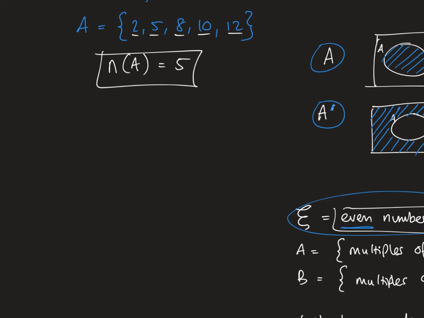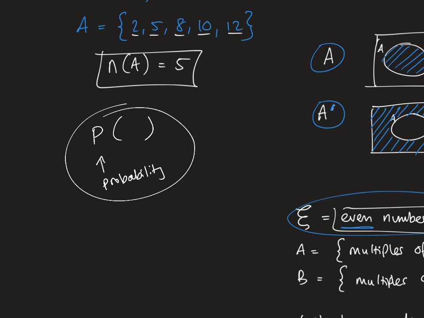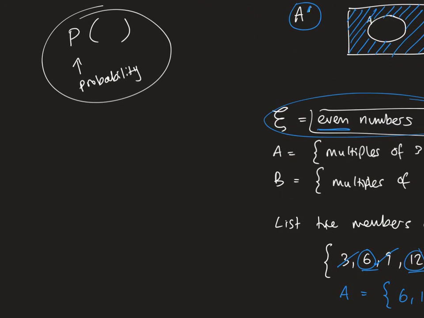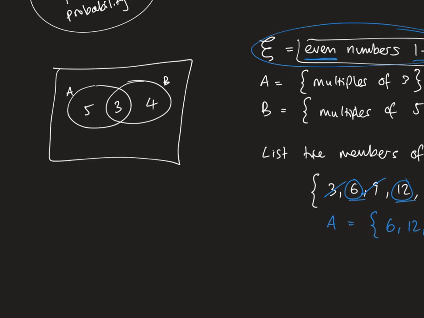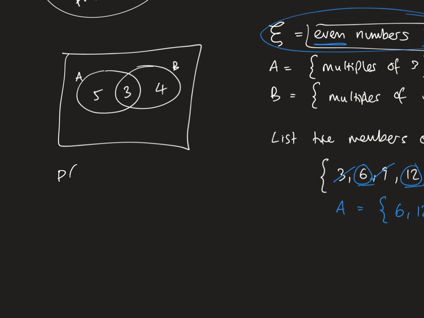Now, an extension of this is the notation that uses the P here. What this means is probability. So what you might find is if you've got a Venn diagram here, and we say that there are 5 elements in A, 3 in the overlap here, and 4 within B, the question might ask you, what is the probability of picking something from A?